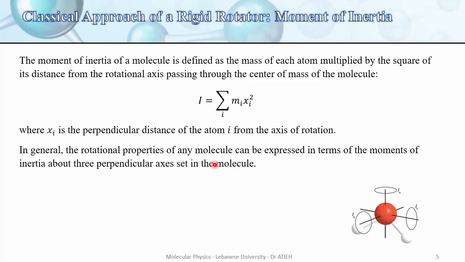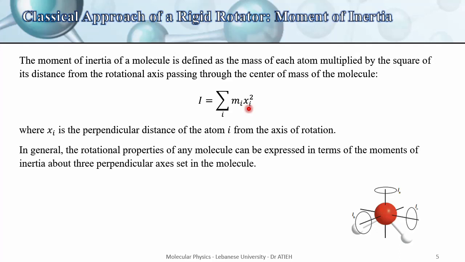What is the moment of inertia of a molecule? Similar to the moment of inertia of any system, the moment of inertia of a molecule is defined by the summation of m_i x_i squared. This is true for any molecule, not only a diatomic molecule.